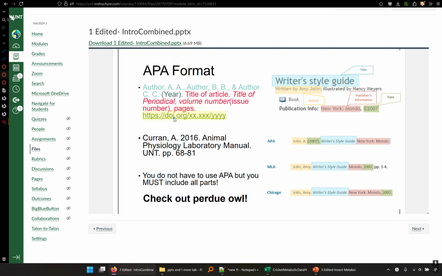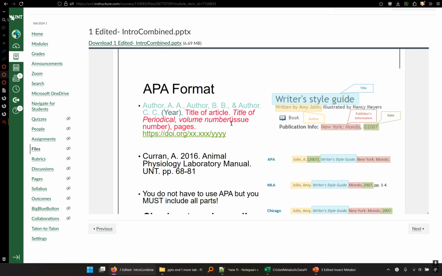And it is very important to include that, or to include a link to your actual article. Most of the periodical volume numbers and pages are antiquated because we don't buy the physical volumes anymore. We're looking at the DOI links. So this is the important information that you should include for all of your papers.